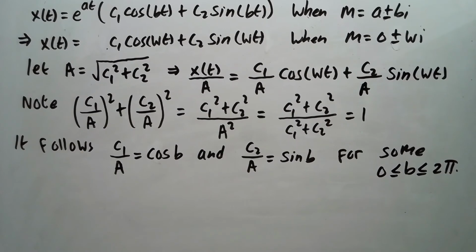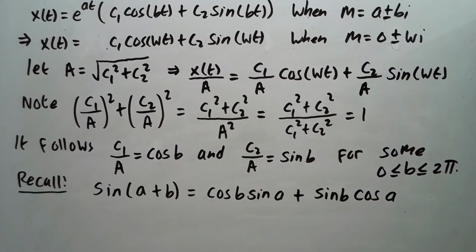Okay, next thing, let's recall a trig identity. So recall that the sine of a plus b equals cosine of b times sine of a plus sine of b times cosine of a. So trig identity. Okay, let's make a substitution now.